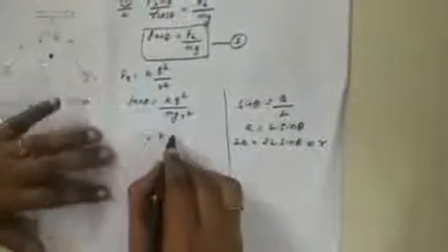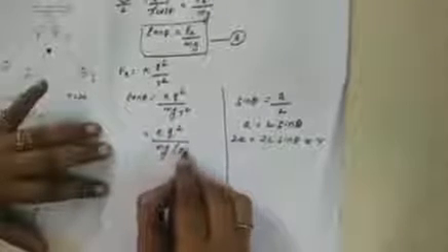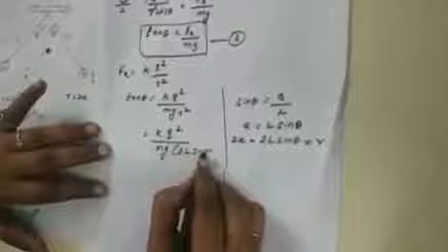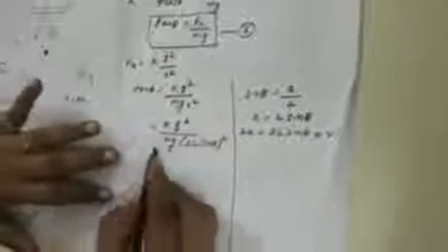Then substituting this value in this equation, k q squared divided by mg, for r squared we are substituting 2L sin theta the whole squared. Now we are going to calculate the magnitude of the charge.